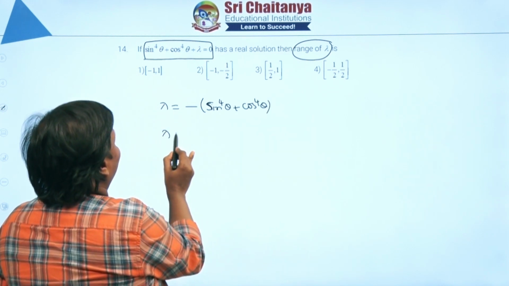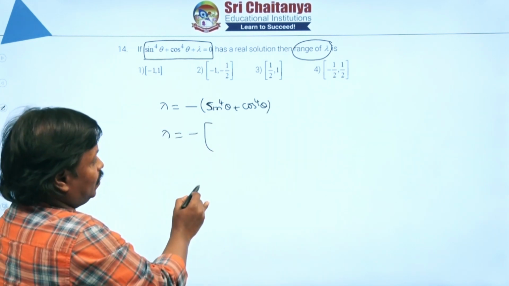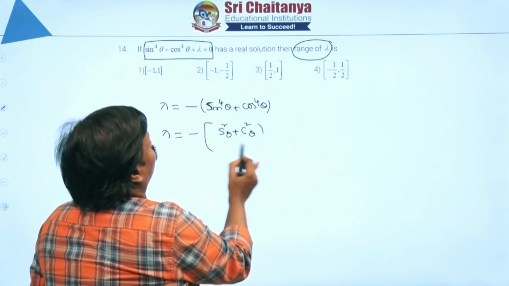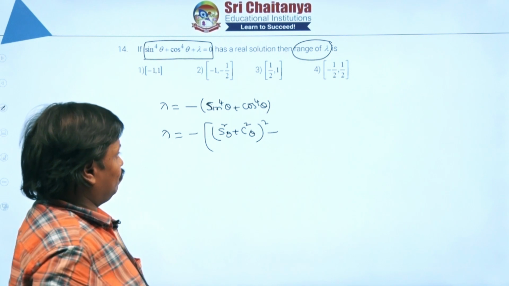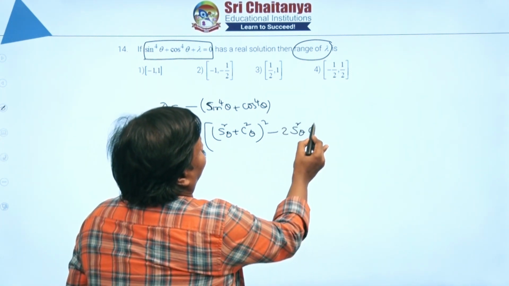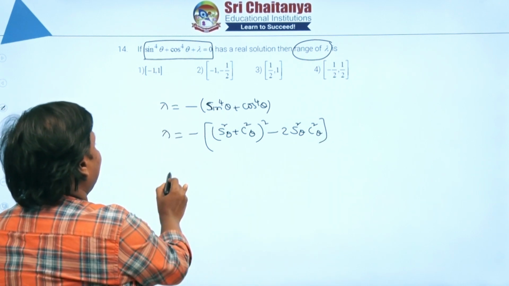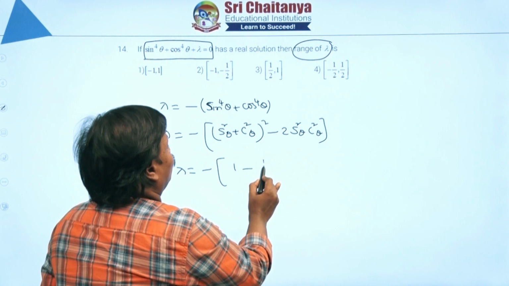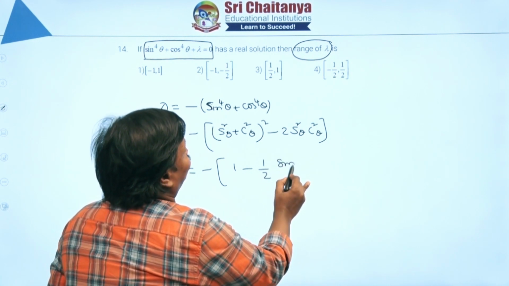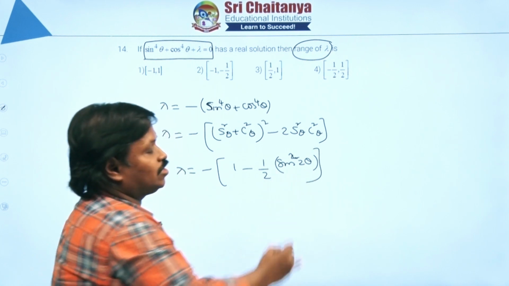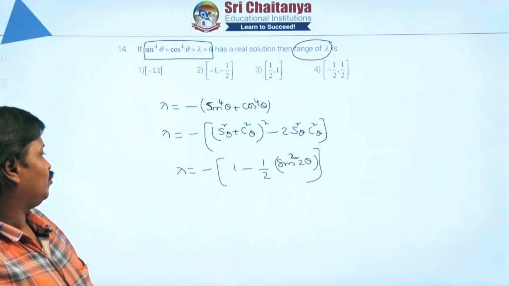This I can simplify like this: sin square theta plus cos square theta whole square minus 2 sin square theta cos square theta. This I can write as lambda equals minus of 1 minus 1 by 2 sin square 2 theta, because 2 sin theta cos theta is sin 2 theta.